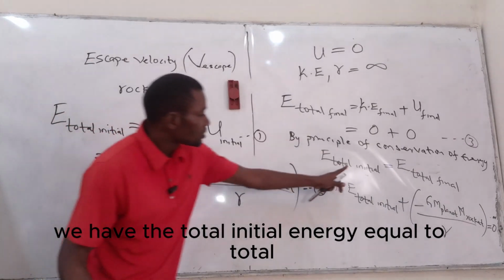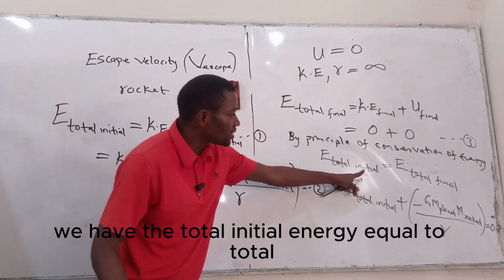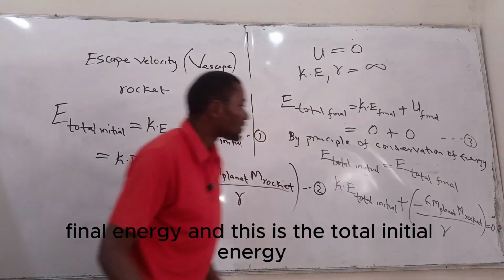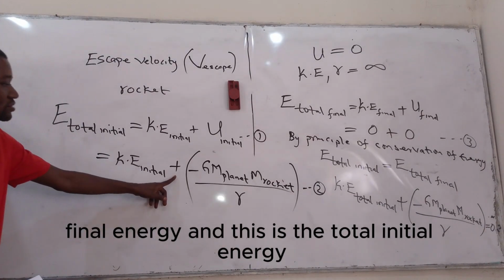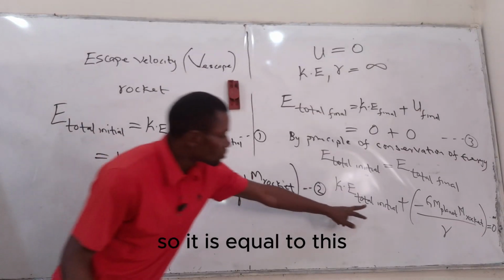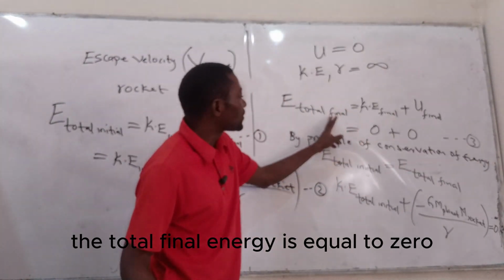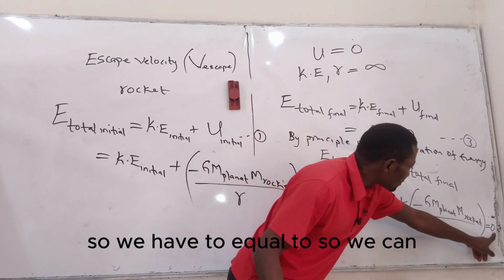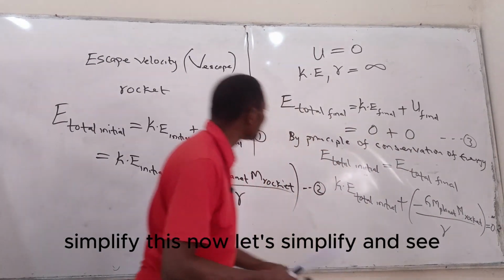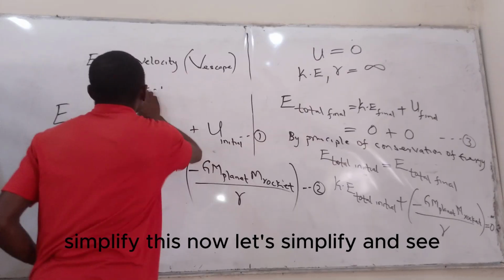So we have the total initial energy equal to the total final energy. This is the total initial energy, so it is equal to this. The total final energy is equal to 0. So we have to equate. So we can simplify this now. Let's simplify and see.